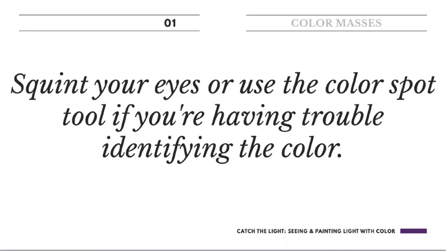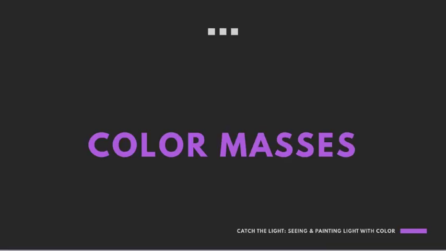So assume that the intensity is going to be high. We're going to bump the intensity up if it appears dull to you as you're looking through the color spot tool. But really take advantage of those tools and techniques for identifying those main color masses for those 5 to 7 areas within the subject.